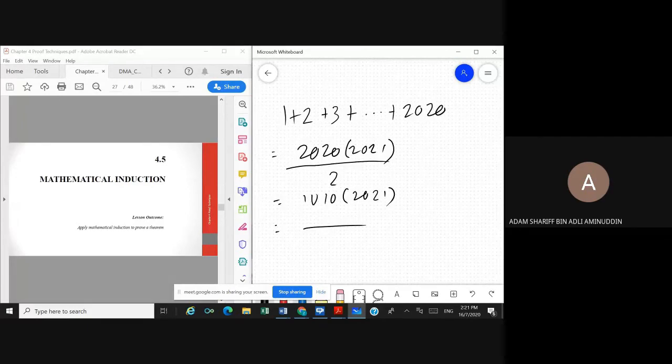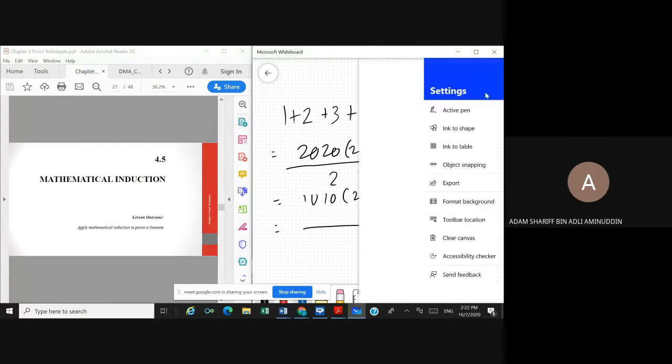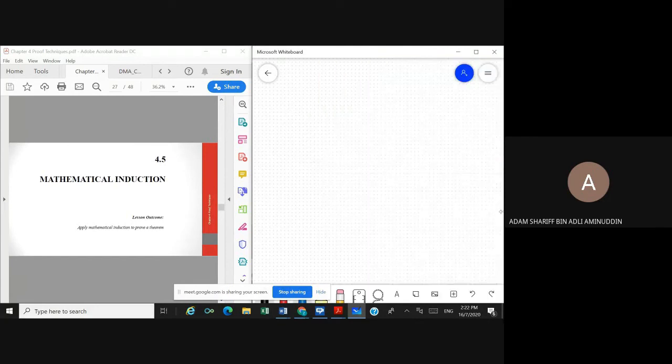And if you extrapolate this idea, you not only can add up 1 until 100, 1 until 2020, you can add up 1 plus 2 plus 3 plus a large number that you can ever think of. For example, 1, 2, 3, 4, 5, 6, 7, 8, 9, 200, one integer.